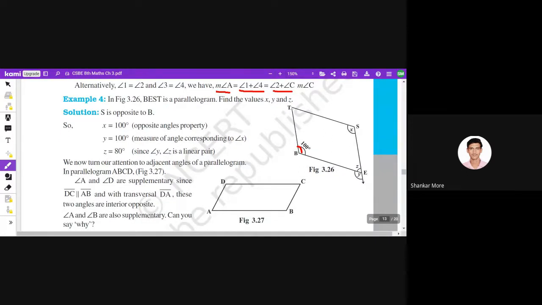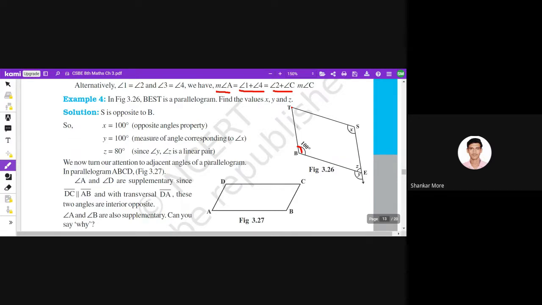तो अभी देखो यहाँ पे ये एक पैरेलल लाइन है, ये एक पैरेलल लाइन है, so ये जो दो एंगल्स रहेंगे x and y, they will be again similar, same angles रहेंगे, right? So y is again equal to 100. तो अगर y 100 है तो what will be the value of z? z की वैल्यू will be 80. Okay, so x is 100, y is 100 and z is 80.